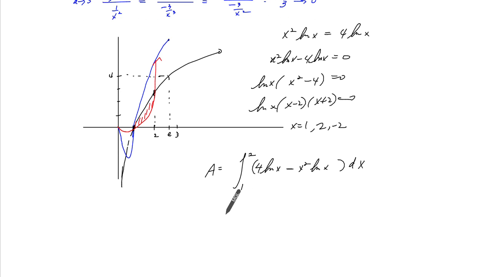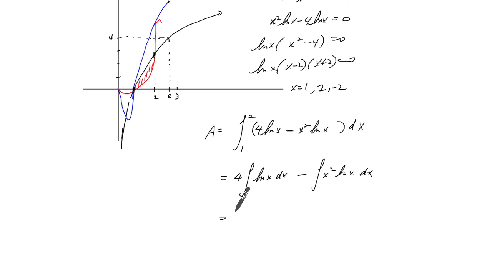If you separate them, we need integration by parts for both of them. This one is just x ln of x minus x. Here, let u equal ln of x and dv equal x squared.